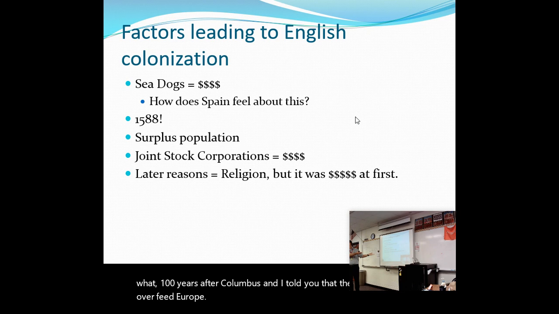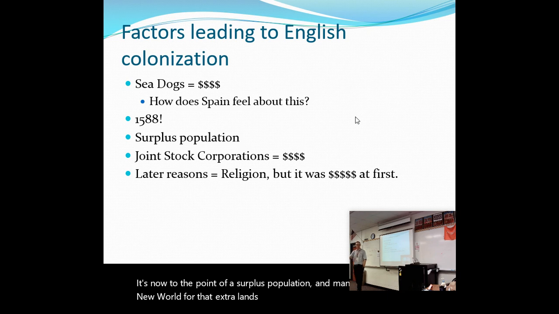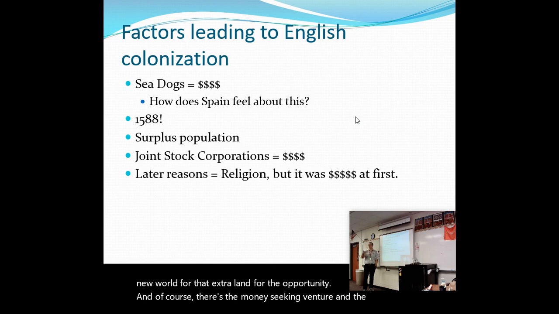It's now to the point of a surplus population, and many do go to the New World for that extra land, for the opportunity. And of course, there's the money-seeking venture and the economic organization of a joint stock company. In fact, do you remember the name of the joint stock company that founds Jamestown? The Virginia Joint Stock Company. And their purpose is to find money and make money.